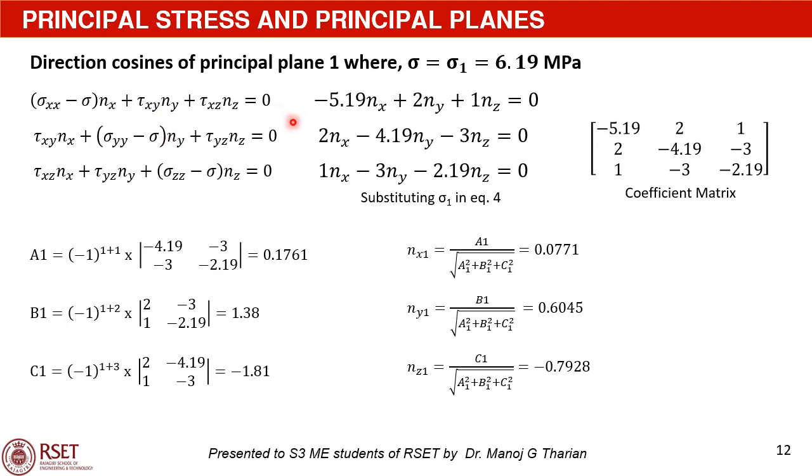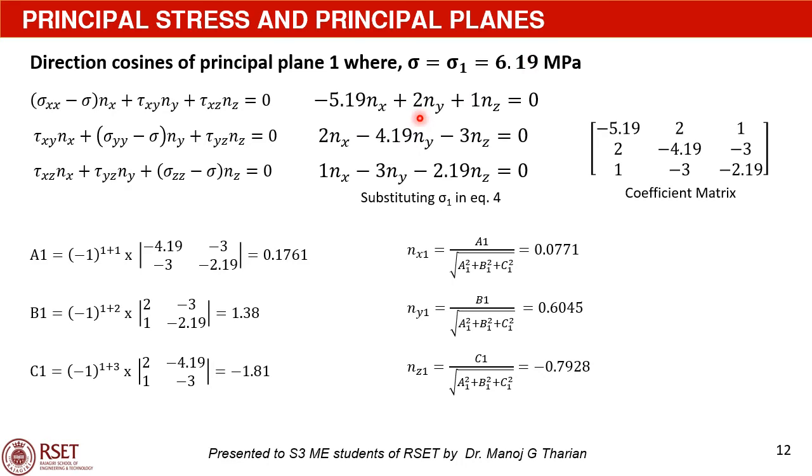We will obtain this set of three equations, that is, this -5.19 is equal to the given value of sigma xx minus 6.19. This -4.19 is the given value of sigma yy minus 6.19, and this -2.19 is equal to sigma zz minus this 6.19.